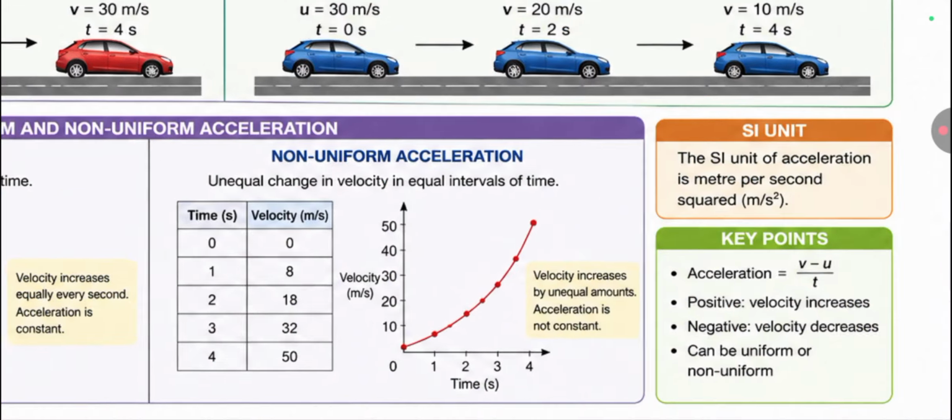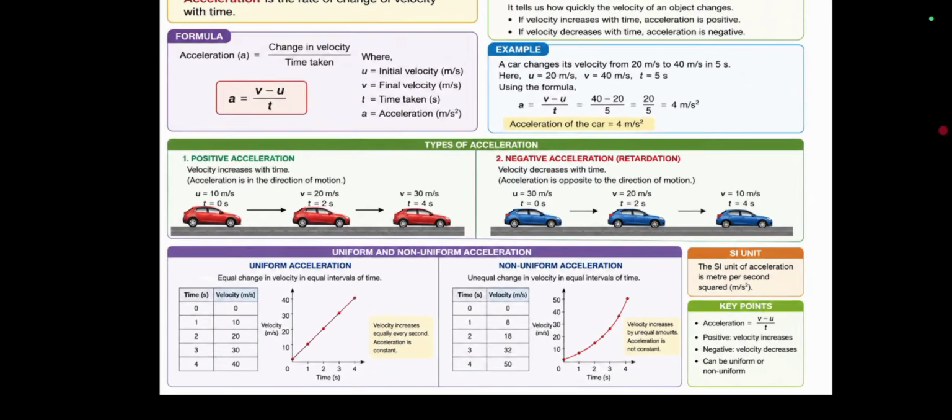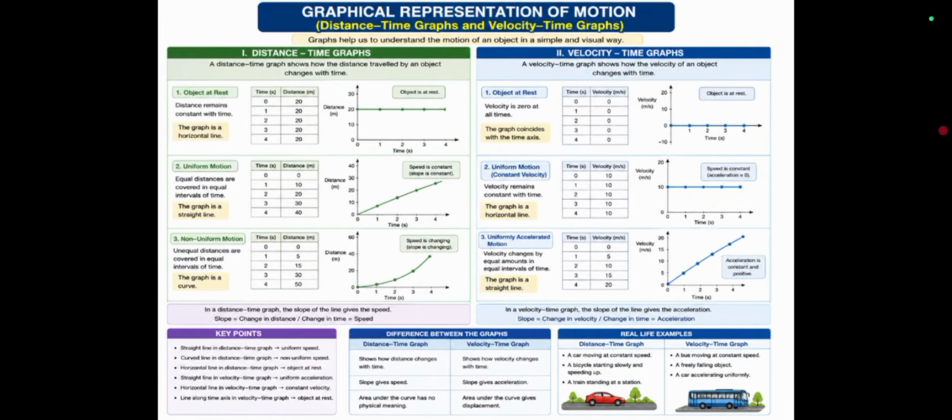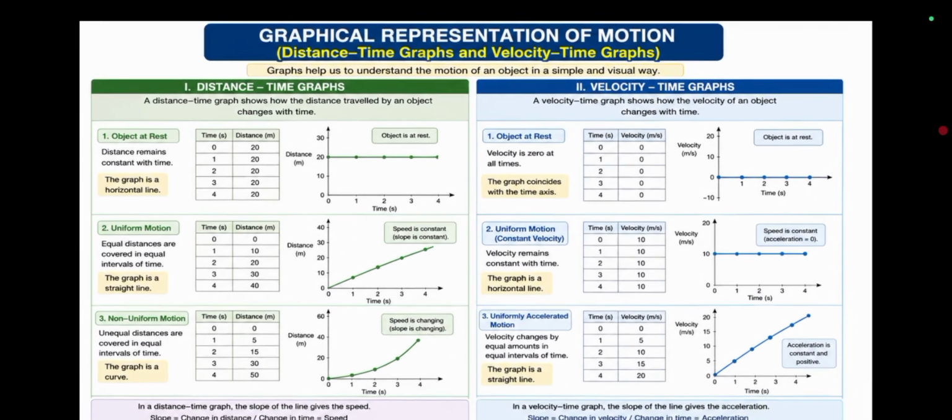If velocity decreases with time, the acceleration is called negative acceleration. Acceleration can be uniform or non-uniform. Rate of change of velocity is called acceleration.